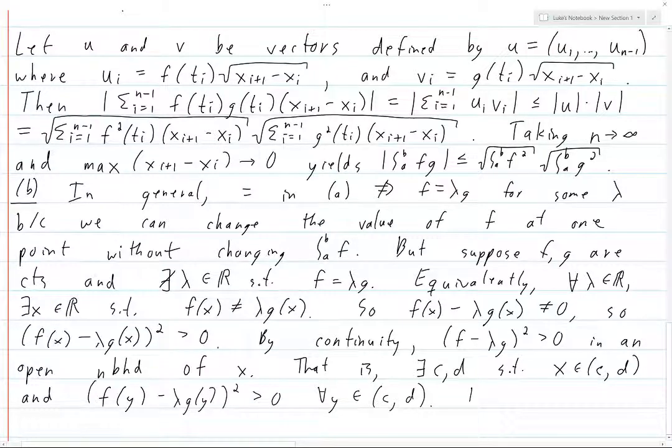Okay, so thus, if we take the integral from a to b of f minus lambda g squared, then this has to be greater than 0 because there is an open interval from C to D which contains x, and on this interval this function is strictly positive.